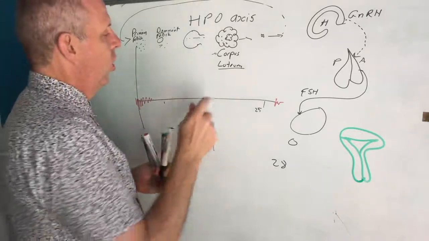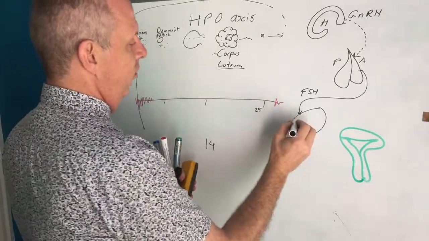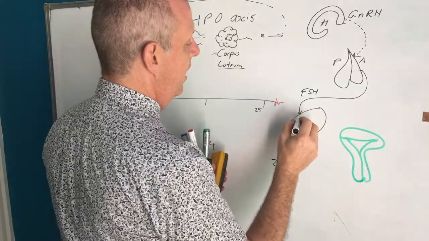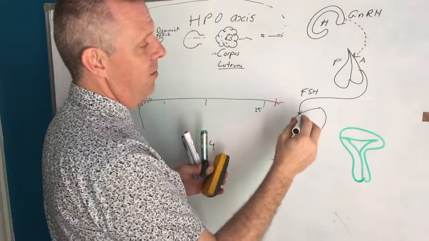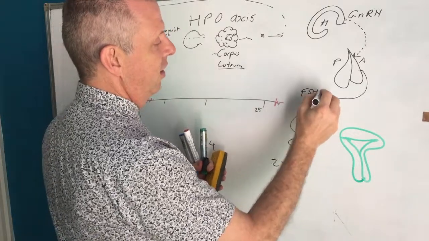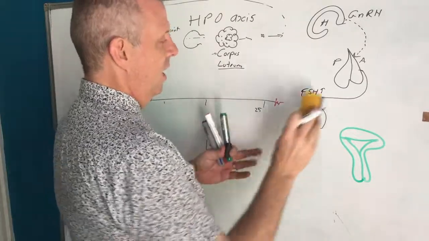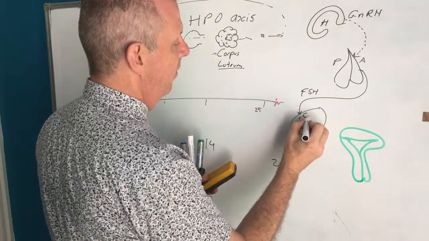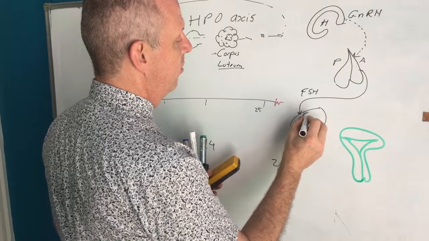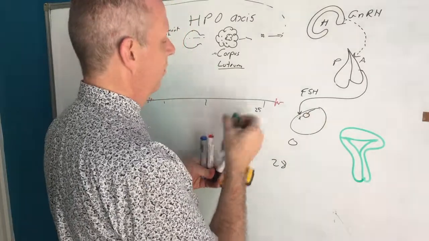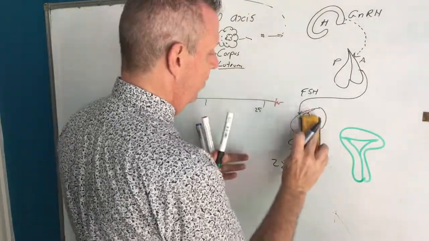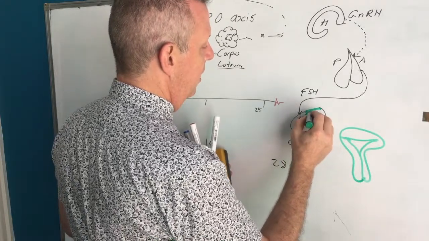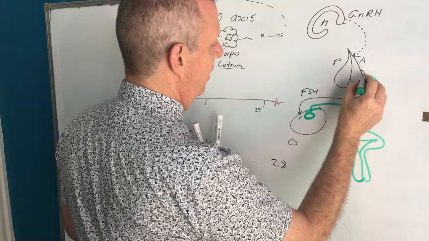So, when the ovaries are at this point, with little primary follicles here, there's not much estrogen being made, and so the FSH becomes quite high. Then, as that dominant follicle is produced, it produces estrogen. I might do that in green. So this is a dominant follicle here, and it's producing estrogen, which gives negative feedback.